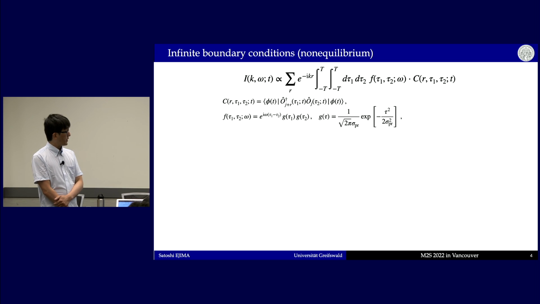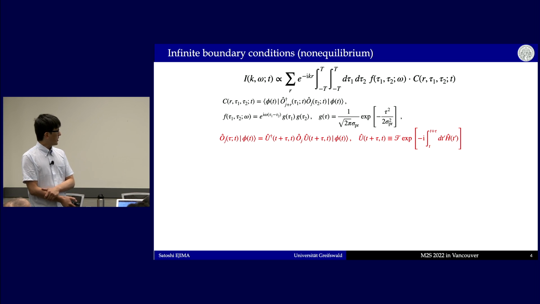So we need to consider such spectral functions, I(k, omega, t). Here, f includes the Gauss functions, and C is the most important two-point correlation function at times tau1 and tau2, which are relative to time t, and operators O_j.